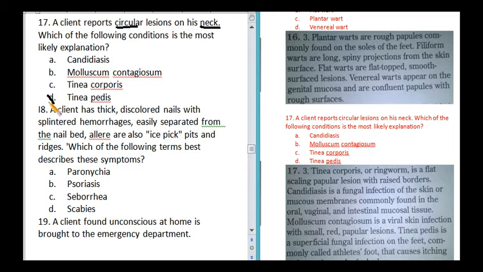Eliminate D because tinea pedis is found in the feet. This is what we also call your athlete's foot.